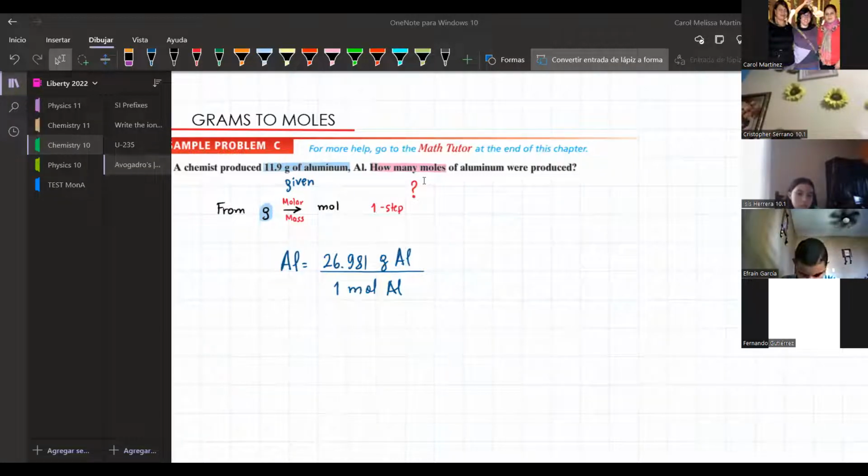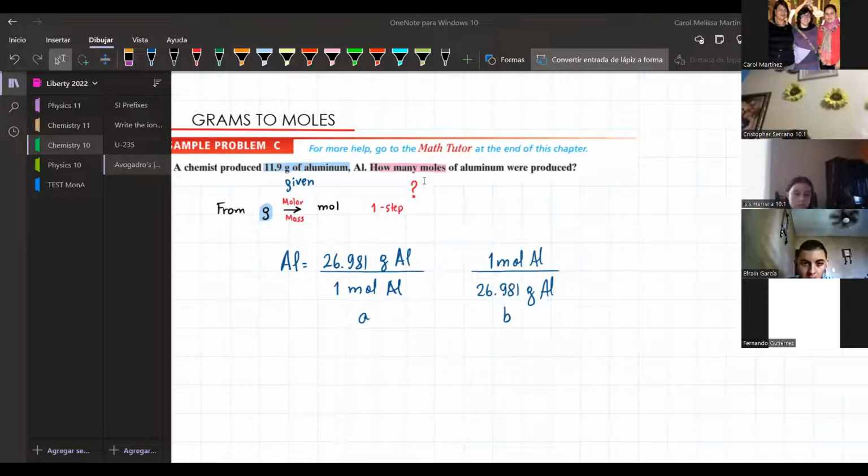Or we can write it in the reciprocal version, like in 1 mole of aluminum, you have 26.981 grams of aluminum. You can do it in one way or another, A or B.